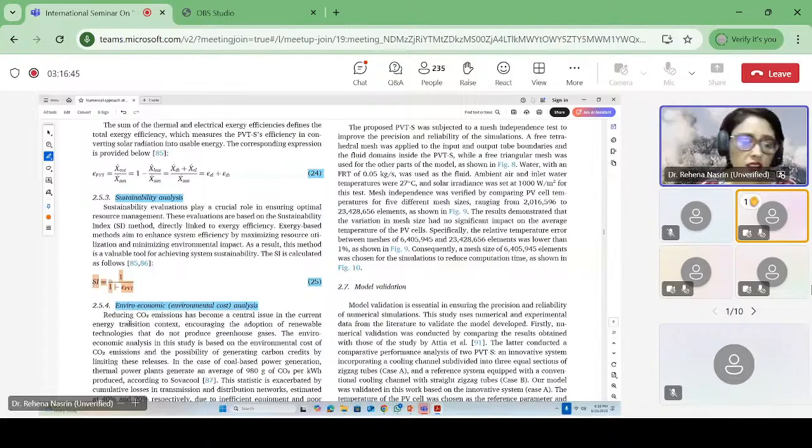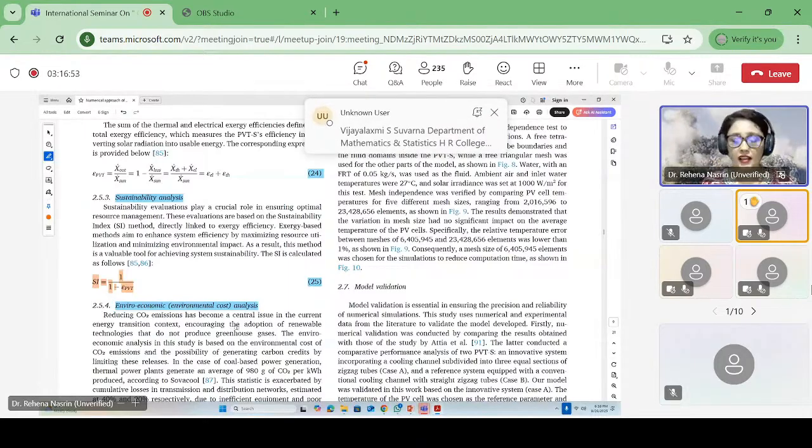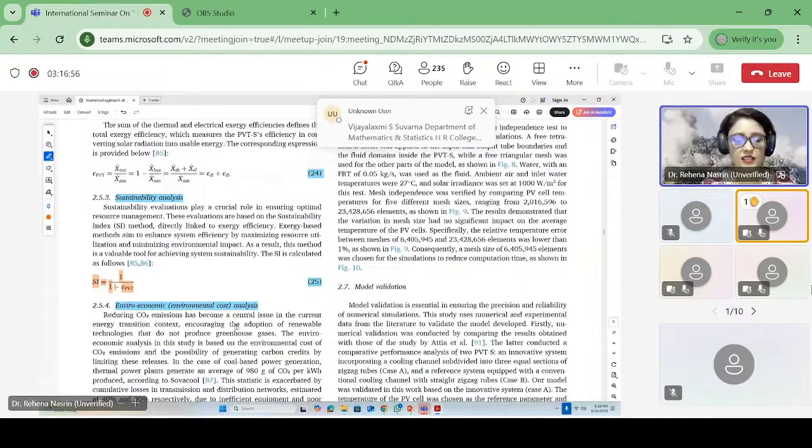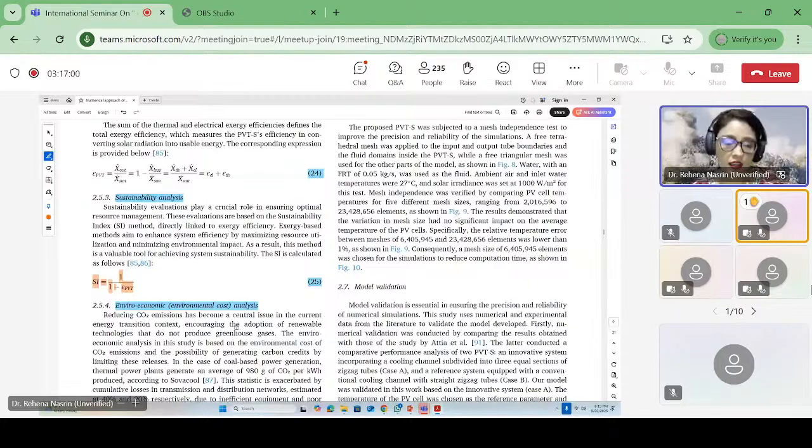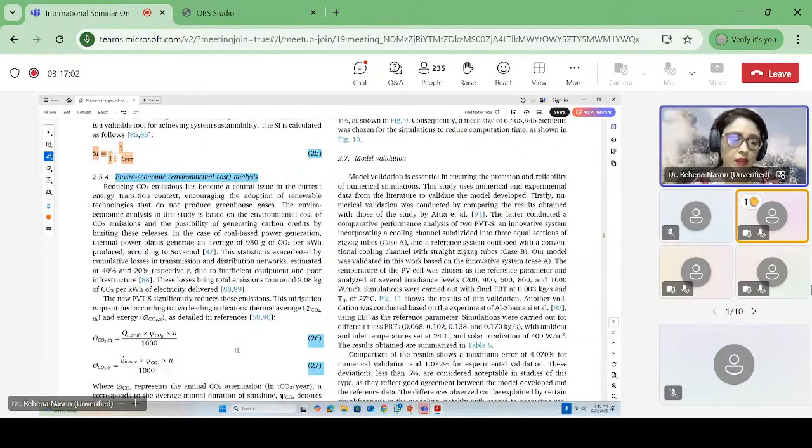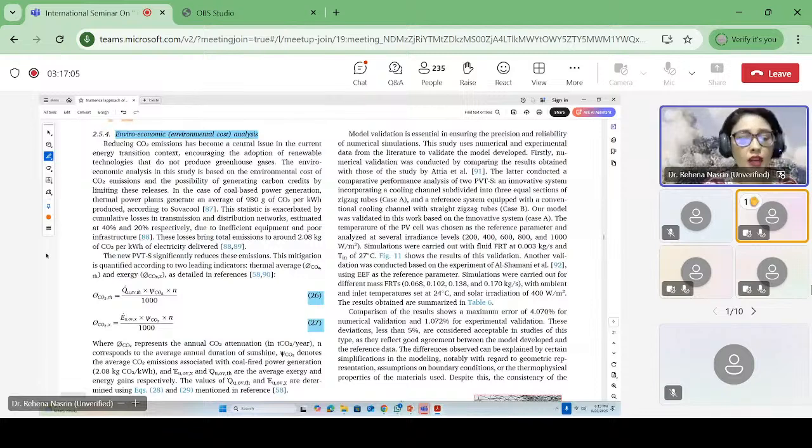Now, environmental friendly and cost analysis, economic analysis, because we consider here 4E analysis: energy, exergy, environmental, and economic analysis. For this purpose, we look at how environment friendly it is, that is, how much carbon dioxide it leads to the environment.